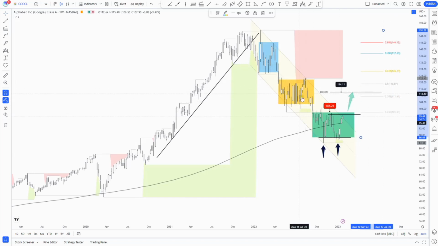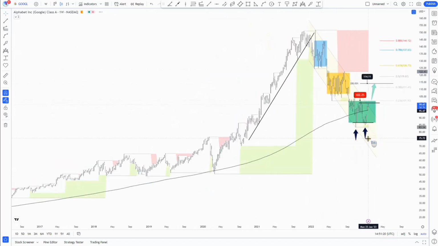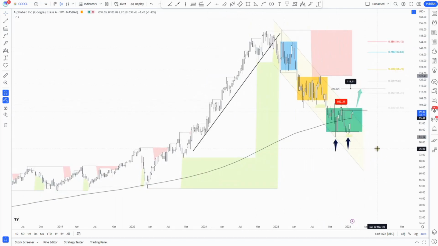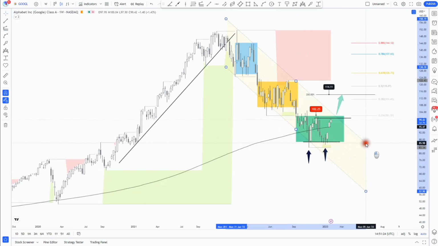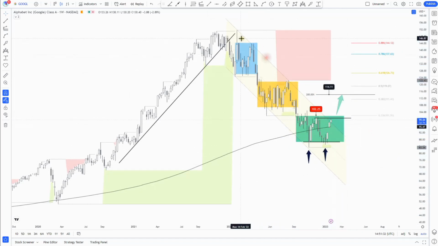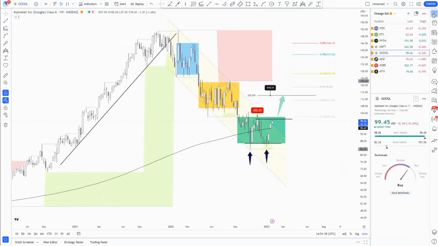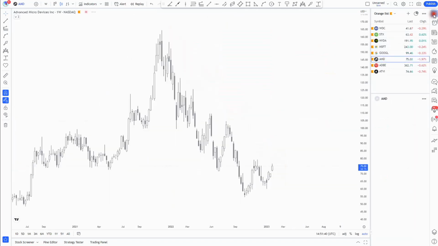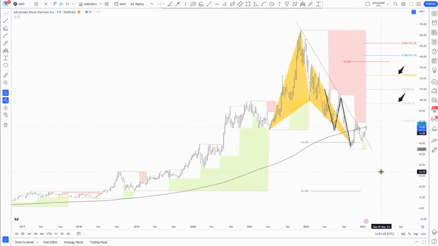So as we can see, we have nice boxes for Google, and I also admit we are breaking this descending channel resistance. So I admit that the clear breakout of this descending channel may trigger a move to the upside also on Google. So as you can see, there are a couple of equities that may suggest a move to the upside.